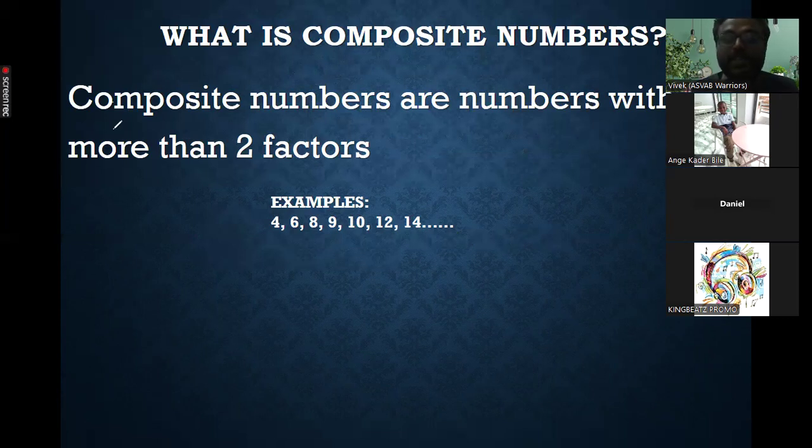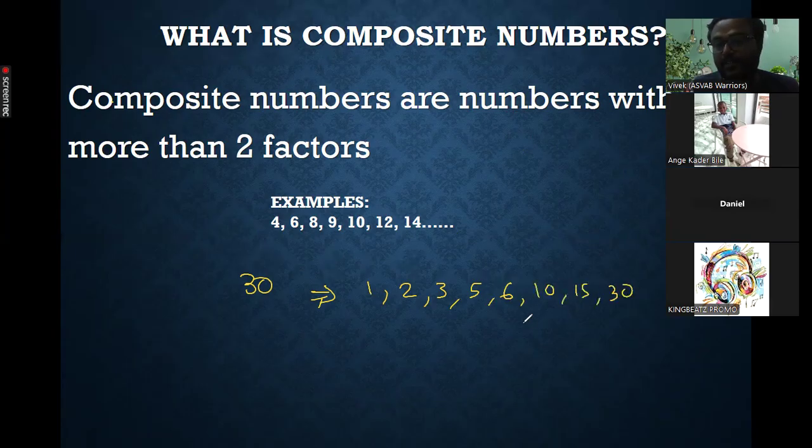For example, the number 30 can be divided by 1, 2, 3, 4, 5, 6, 8, 9, 10, then 15 and 30. Any number having more than two factors is a composite number.